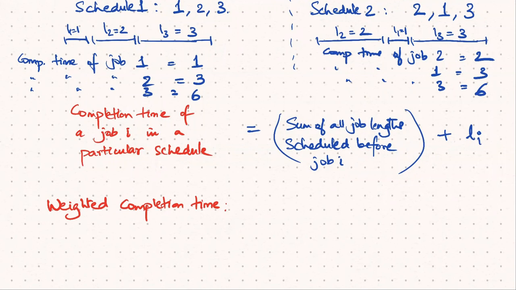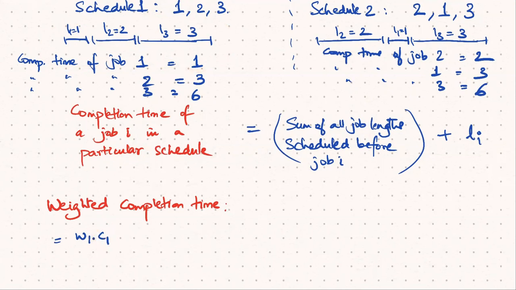So given a schedule, let's look at this particular schedule. The weighted completion time of this is simply the weight of job 1 times its completion time. This C1 I'm using to denote the completion time of job 1, which was 1 in this case.